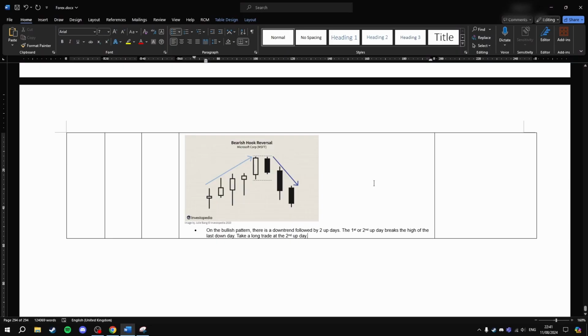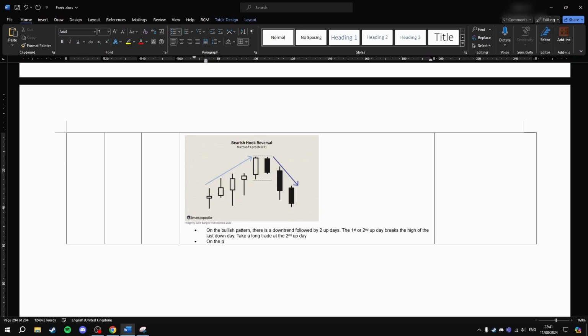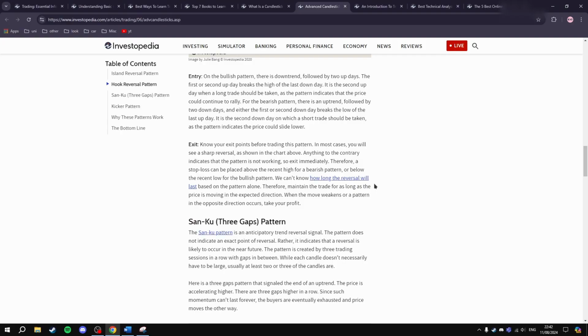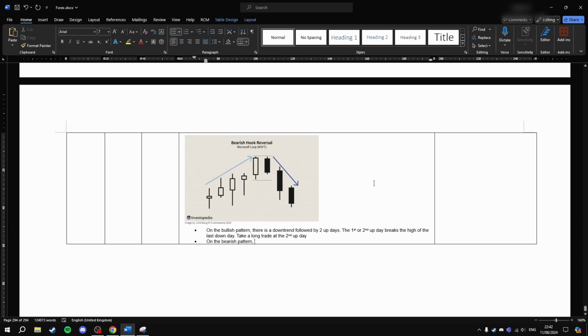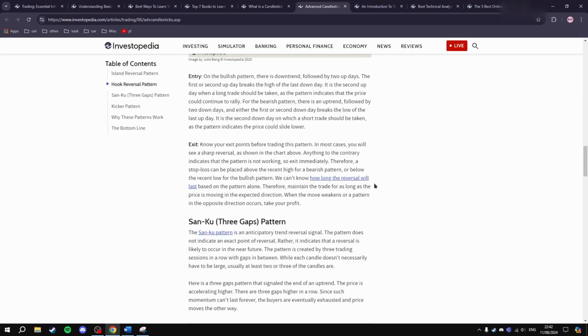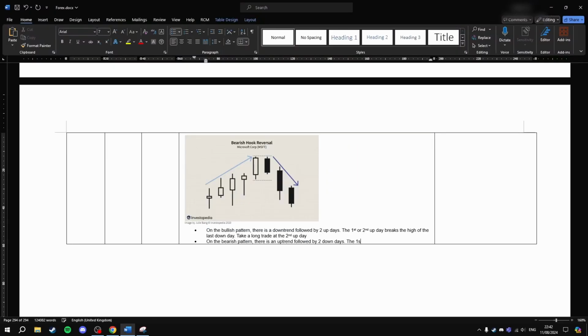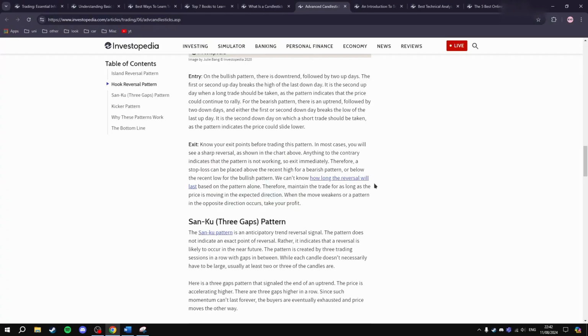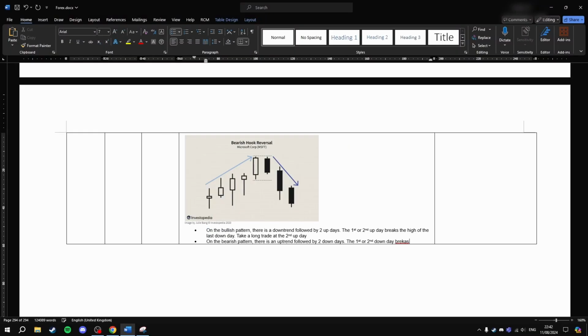For the bearish pattern, there is an uptrend followed by 2 down days, and either the first or second down day breaks the low of the last up day.